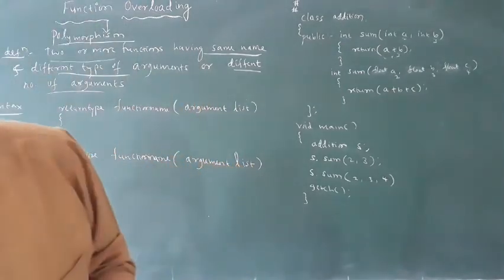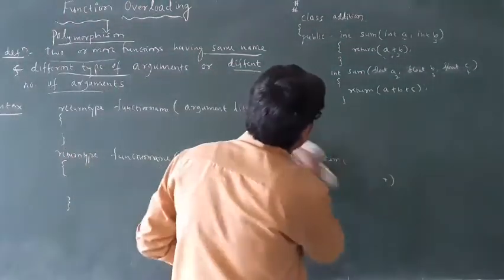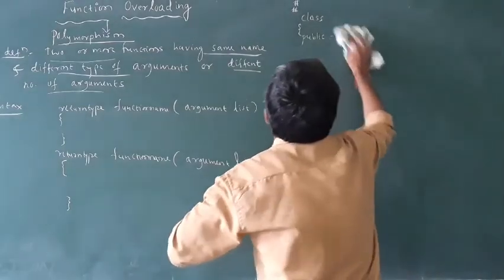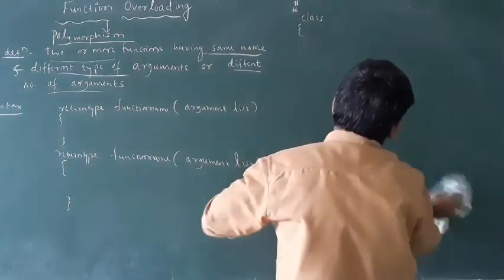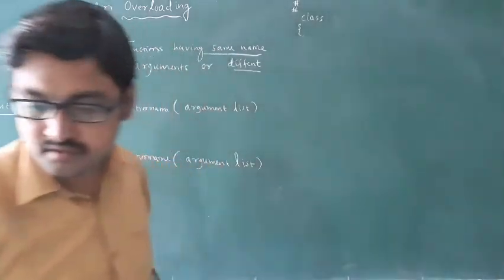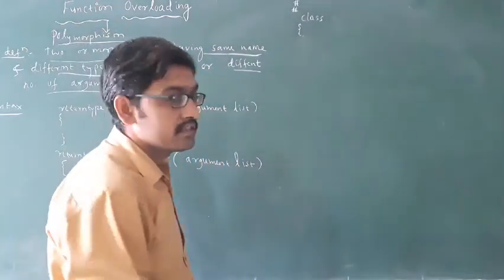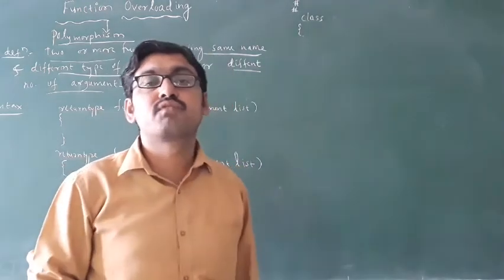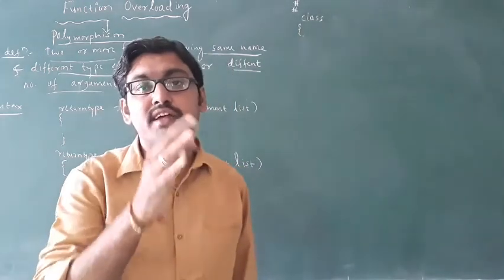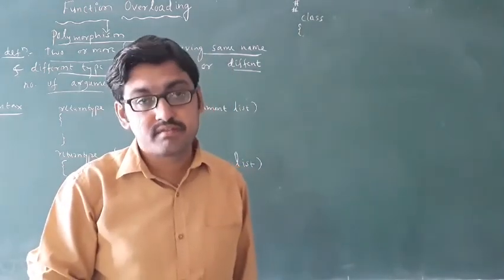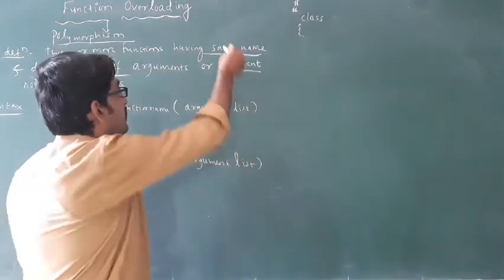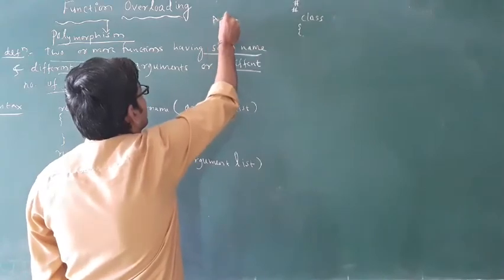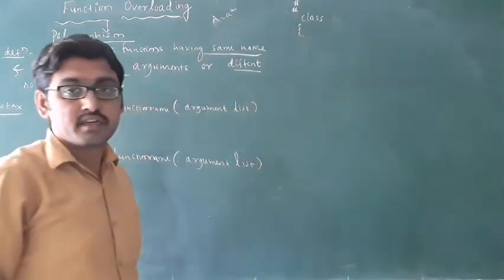I want to find the area of a square, area of a triangle, area of a rectangle. Write a program for these. You know the area of a square formula: a equal to a square, side by side.